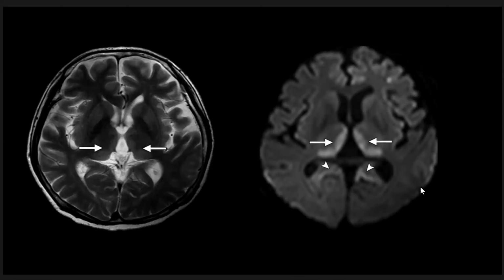Here, another patient with involvement of the thalami with restricted diffusion, giving the appearance of the pulvinar sign. And this is a classic sign of CJ disease.